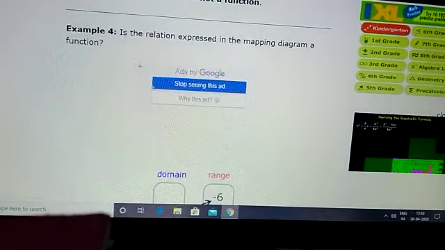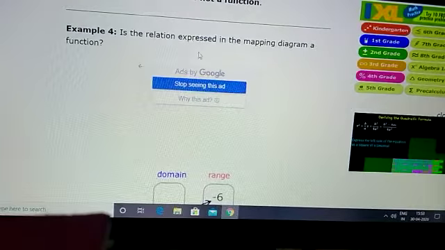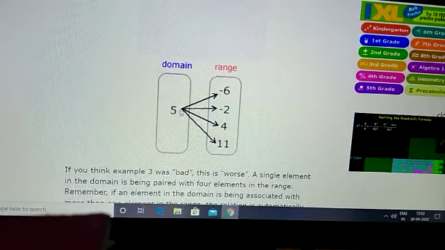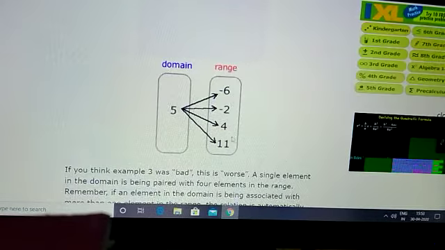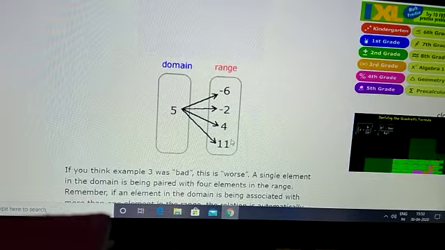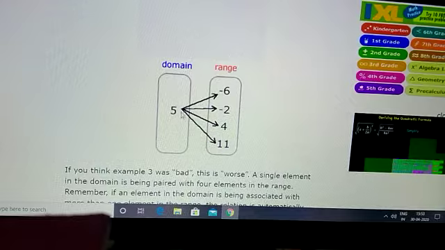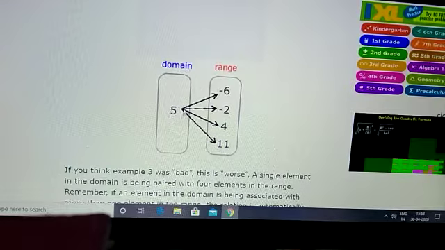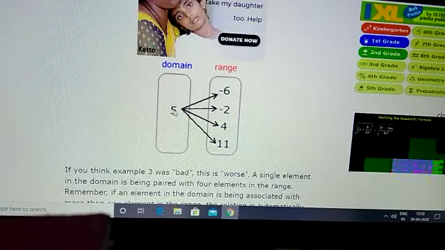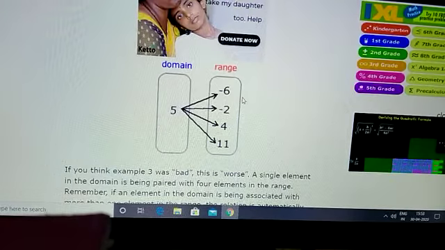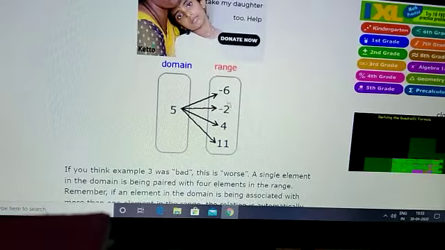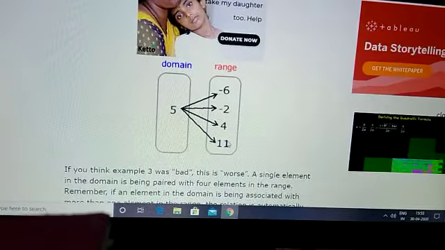There is another example, where the relation is expressed in a mapping. Look, the 5 has so many relations. If I again give an example of husband and wife, under the Hindu Marriage Act a man is allowed to marry only one woman. But here he has already married 4 women, so it is not a function.